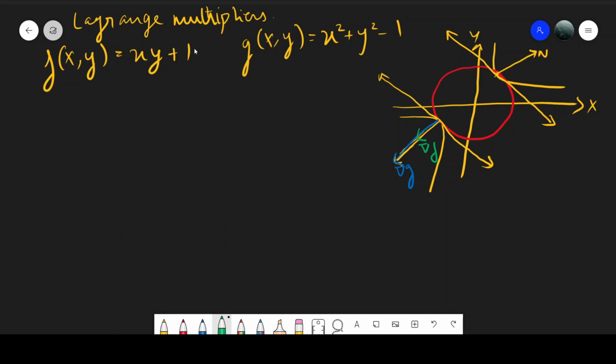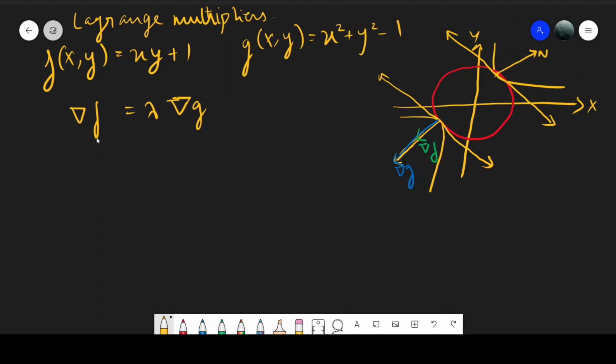So how do we go about solving this? Now that I know that the gradients are scalar multiples of one another, I can essentially write this equation as: gradient of f equals lambda times gradient of g. So here g is our constraint, and f is the function that we want to find the maximum or minimum of.